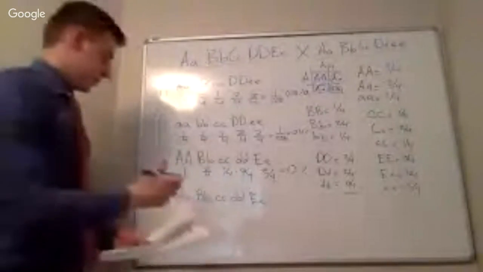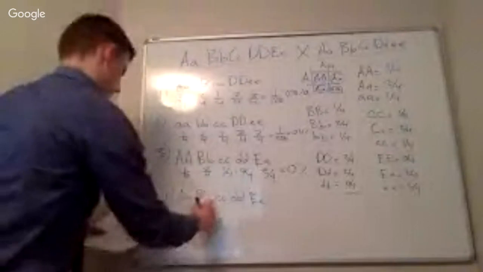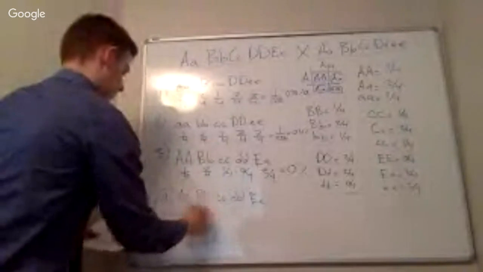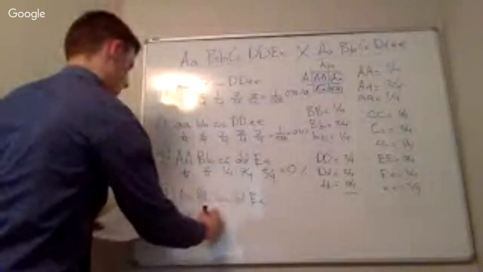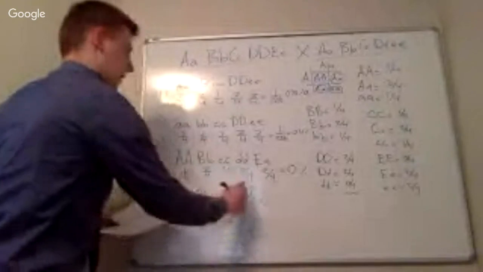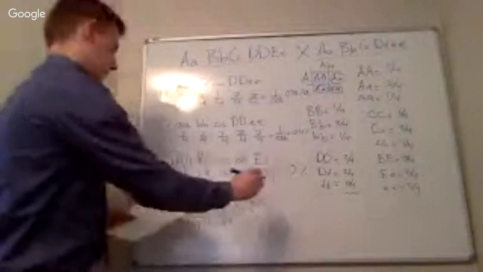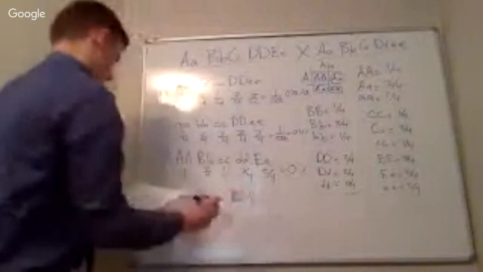Now for the last one, we just do the same thing. So we get 1/2, or 2/4. That's equal to 1/2. 2/4 as well. This is going to be 1/4. Let's see, did I do this wrong? I did. This is actually supposed to be that.